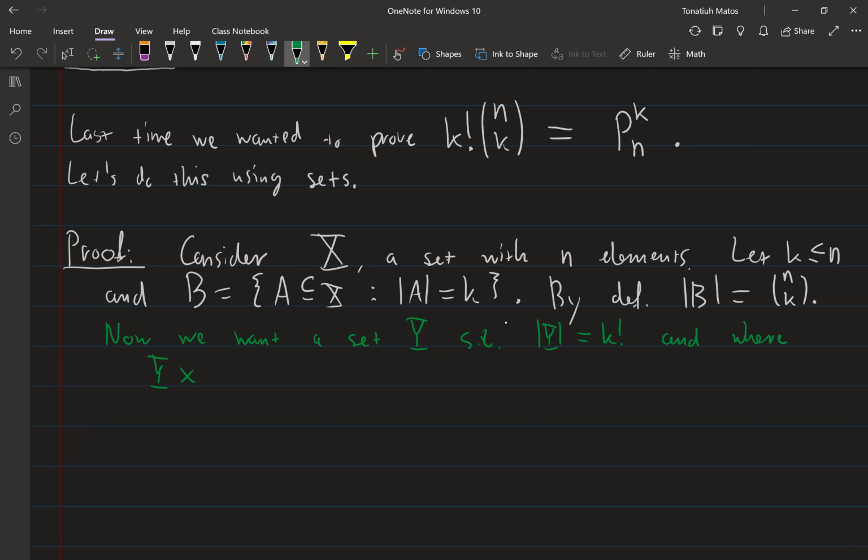Y multiplied with B is something easy to compute, because if I compute this, I know that this is just the size of X cross B. That is something that we proved in one of the earlier tutorials, that the product has this property, that it multiplies cardinalities. So this was proved in some tutorial.